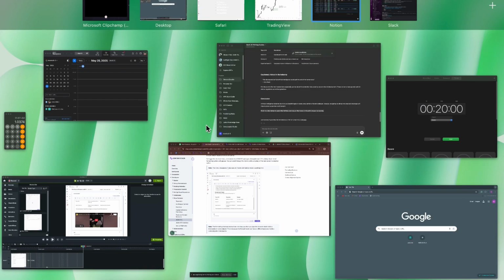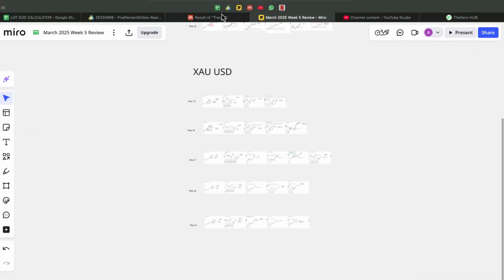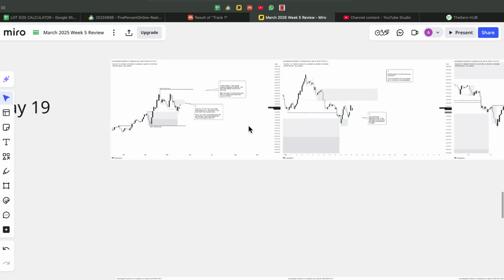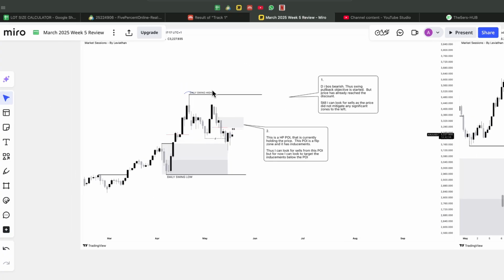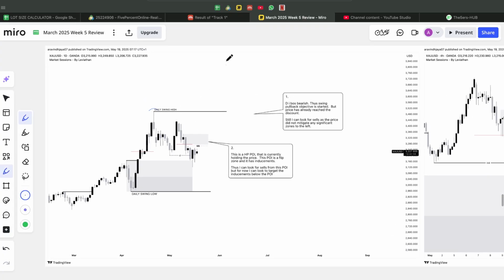So jumping into the whiteboard, here we go. May 19, XAU on the daily time frame. Here you can see that the swing structure is bullish and the internal is bearish, but the price had mitigated into the weekly demand zone, and there are also strong rejections out here.